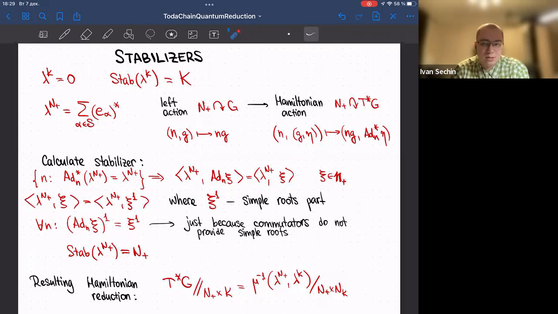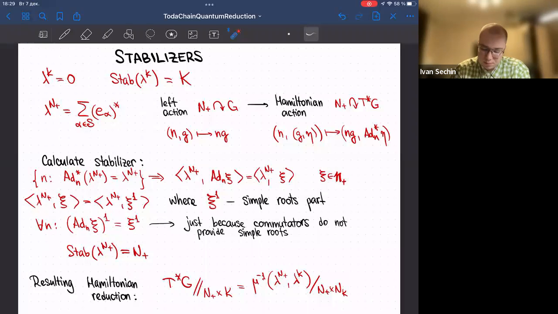And now let's use the form of our lambda N plus. It has non-zero elements only for simple roots. So the only non-zero pairings for psi can be obtained only for parts of psi which correspond to simple roots.